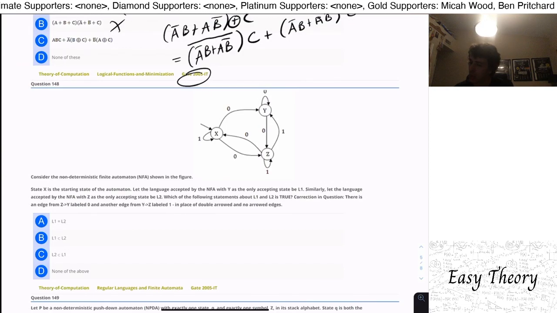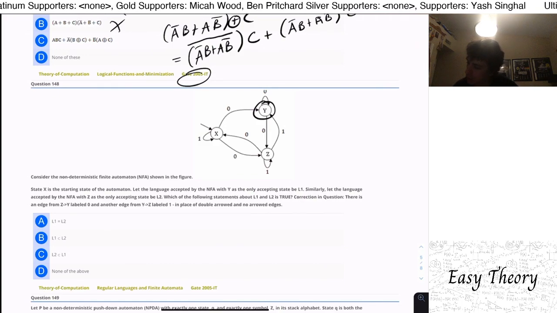Consider the NFA shown in the figure. X is the start state. Let the language accepted with Y as the only final state, so let's mark that as final, be L1. Oh, okay.